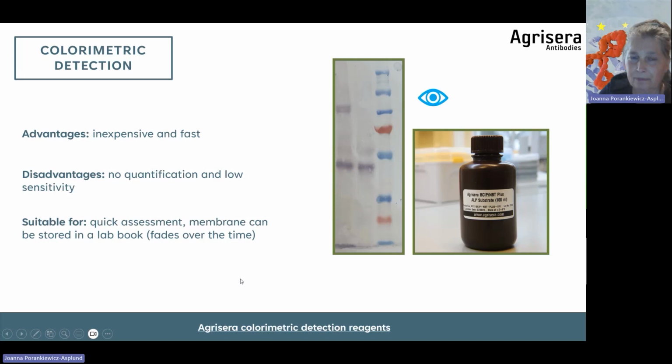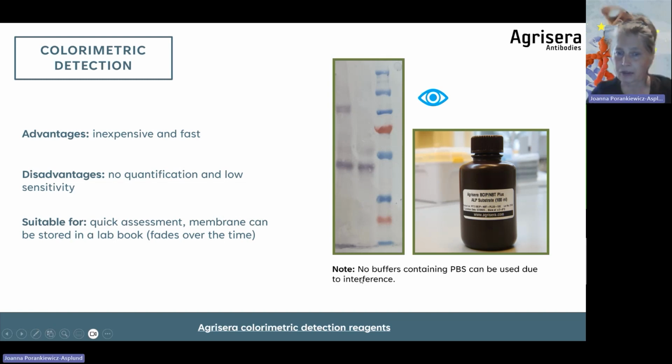In my first lecture, I showed you in which databases you can actually check how much of your target protein may be in a tissue. And this is a guidance for which detection method to choose in the future. And when you are using this detection method, you should not use PBS for incubations because of the interference. It should always be TBS with this colorimetric detection method.